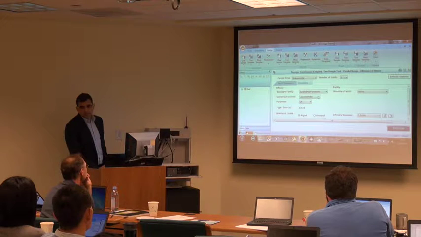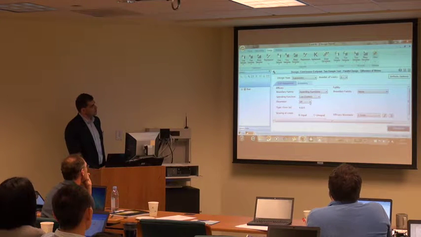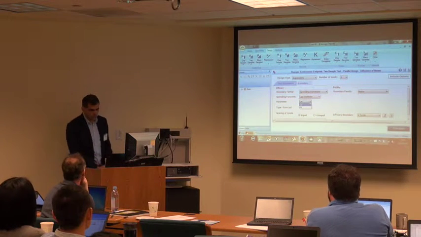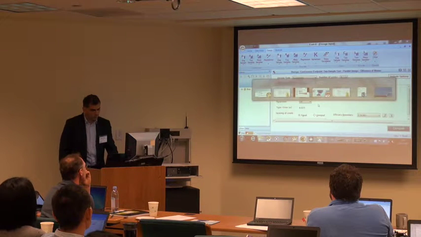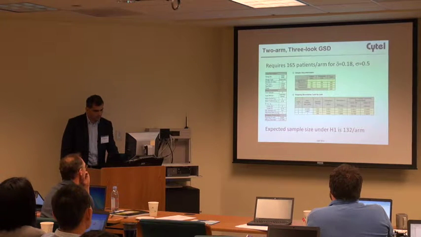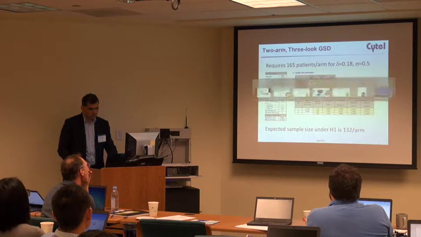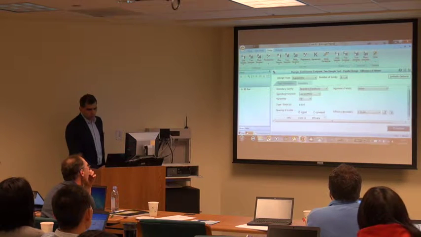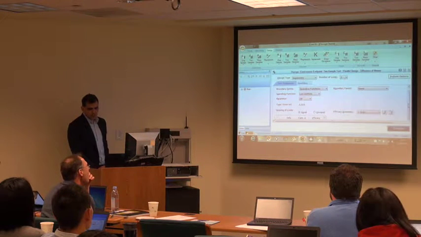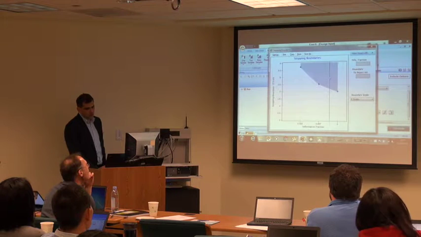If I use the Lan and DeMets family of spending functions, I can select either the O'Brien and Fleming type or the Pocock type. In our example here, we used the O'Brien and Fleming type for efficacy, and I didn't use any futility boundaries. So for the moment, let me just leave it at this.